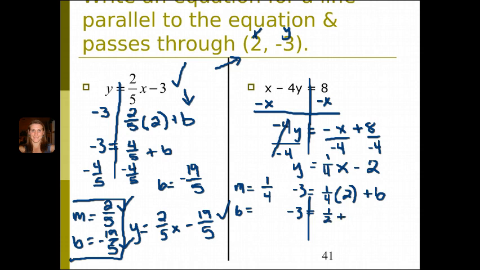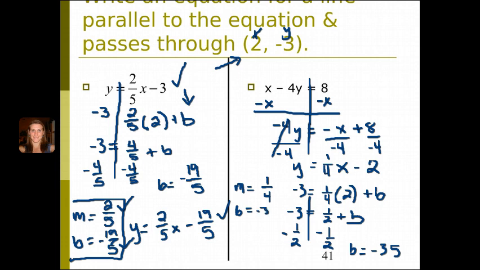And if you subtract 1/2 from both sides, you will get that b equals negative 3.5. It does not matter if you convert that back to the fraction. It doesn't matter either way. So we have negative 3.5 for our b.